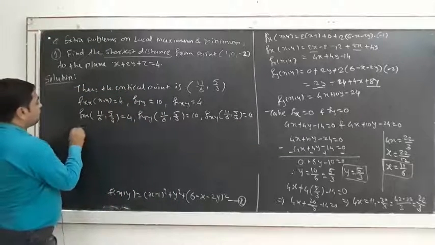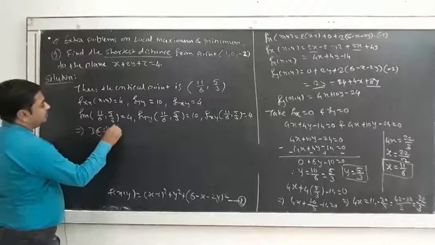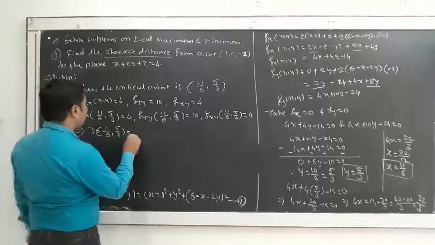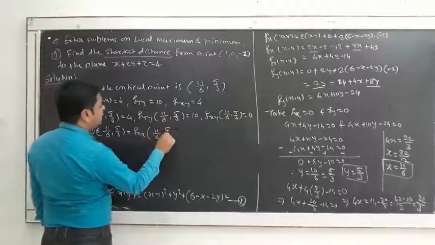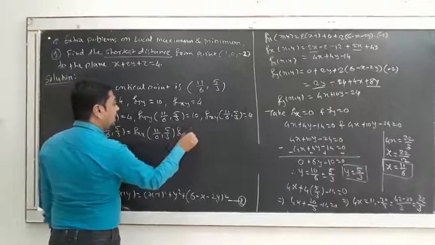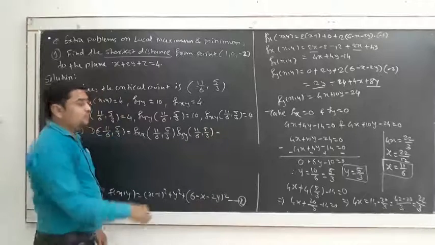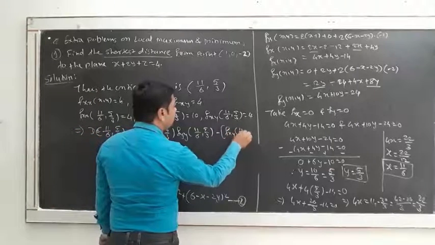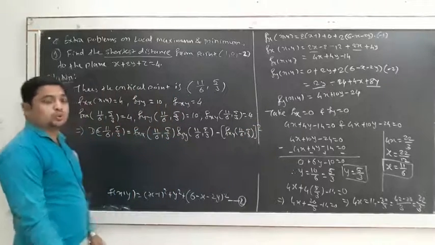So now we find D at the point (11/6, 5/3). By the second derivative test, it is fxx at (11/6, 5/3) times fyy at (11/6, 5/3), minus fxy at (11/6, 5/3) raised to 2.